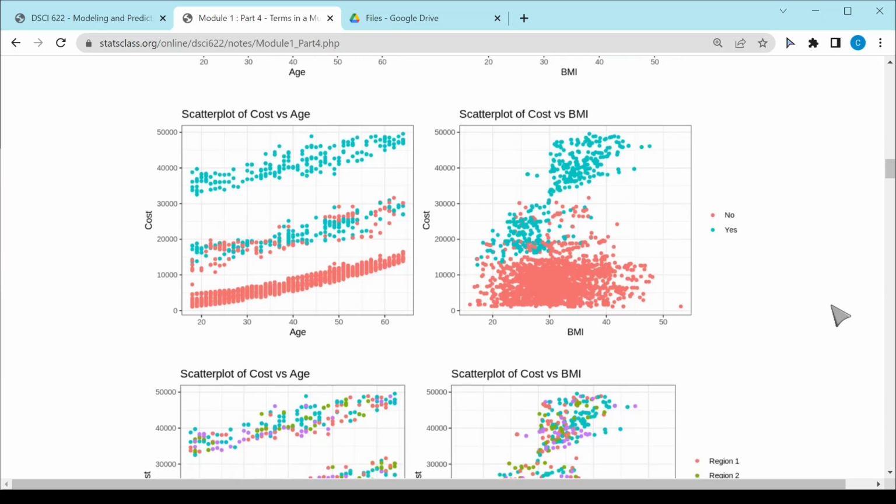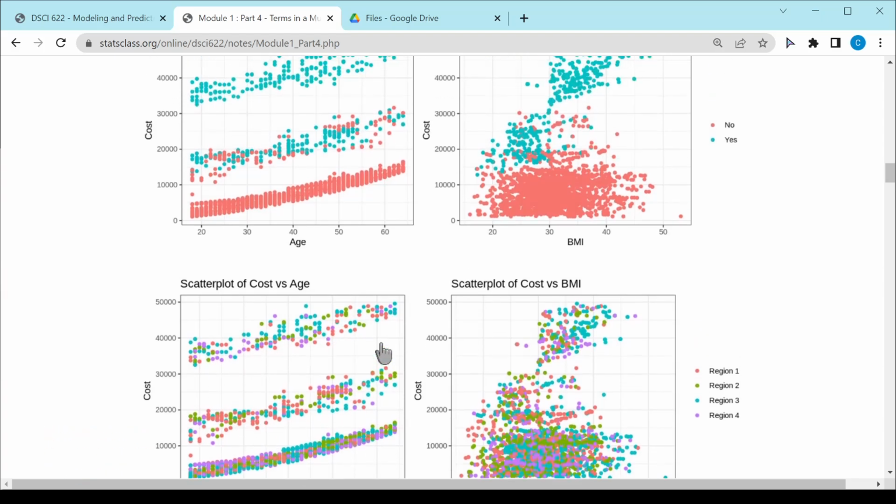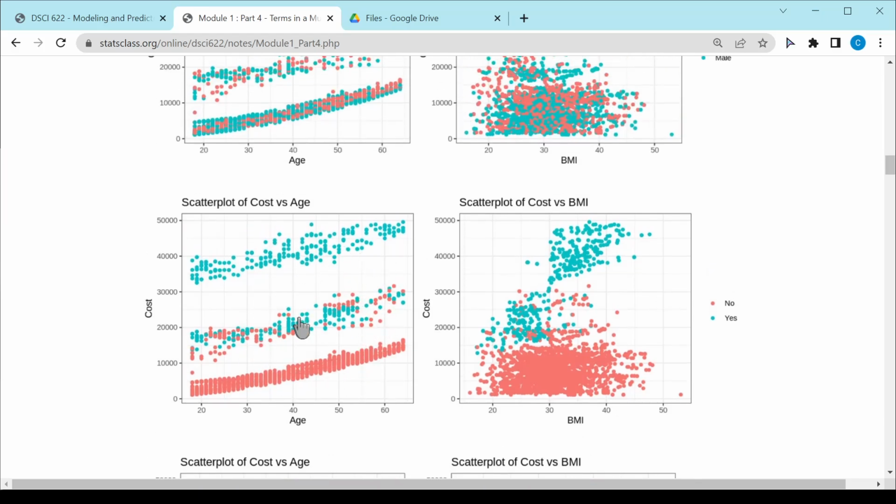If I look at that same plot across the different regions, for example, you can see that the colors are all kind of intermixed in each of these groupings. So what that tells me is that the region is not the reason or cause for these groupings. It has more to do with smoking status.